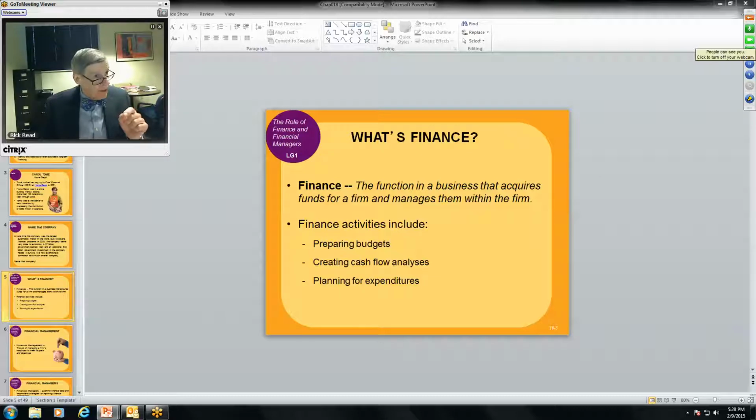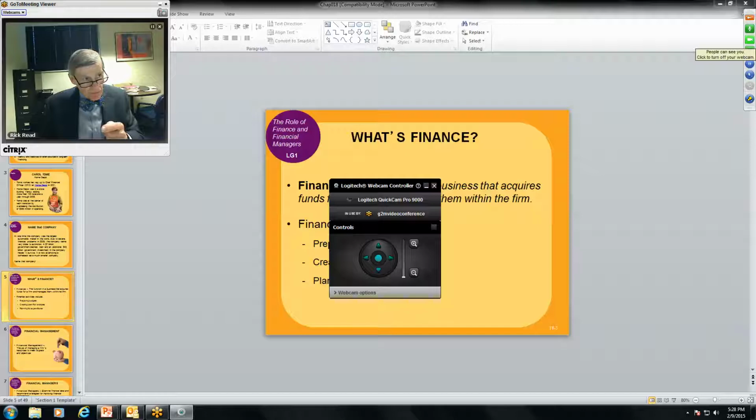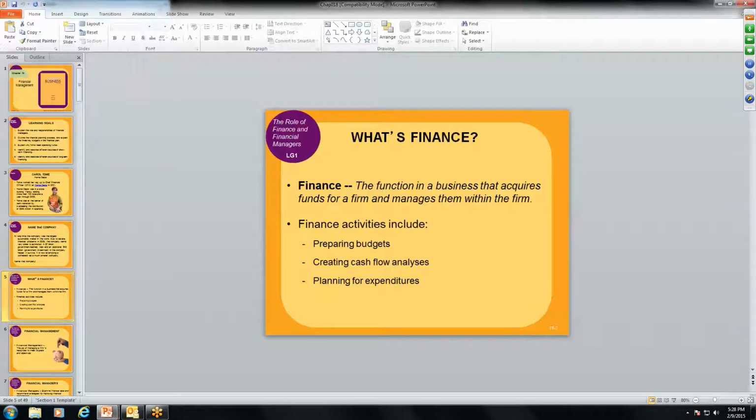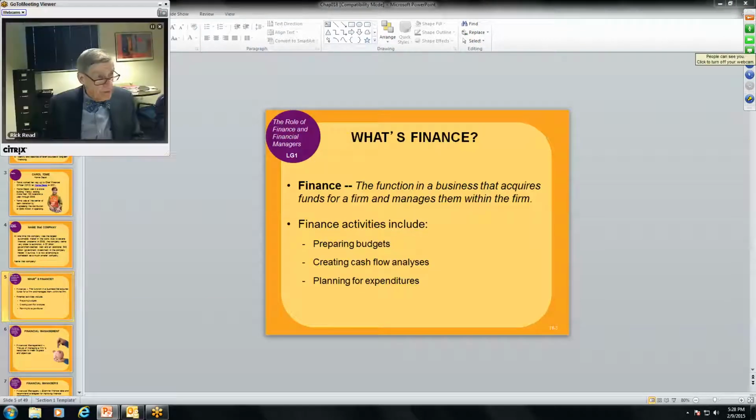They don't come up with the cash flow statement, but they analyze that. And then they have some kind of plan for expenditures. Now, that all comes from preparing budgets, and the budgets are laid out, and they tell you what they're going to do and how they're going to do it, et cetera, of course given that we have adequate resources to do what we plan to do.